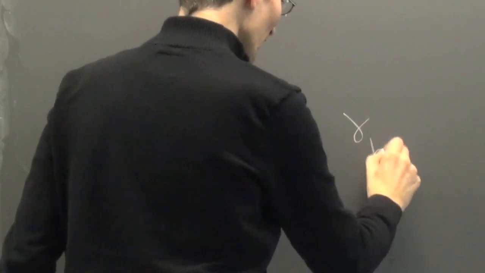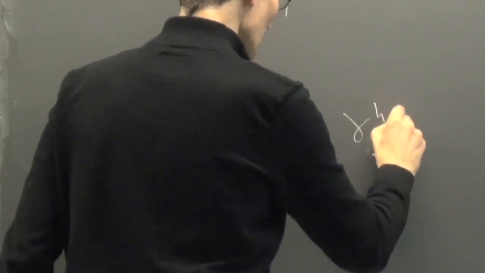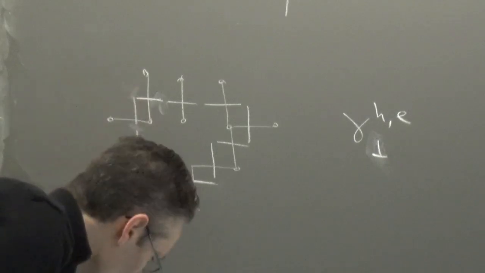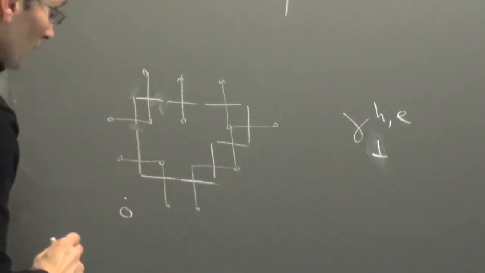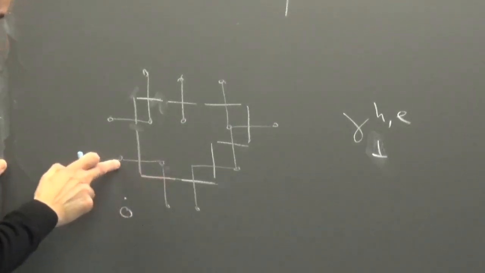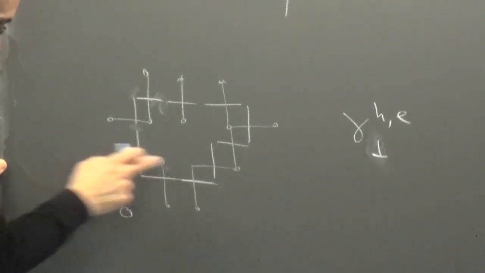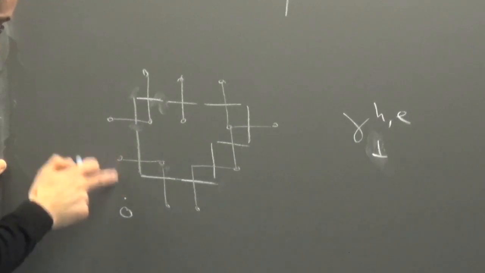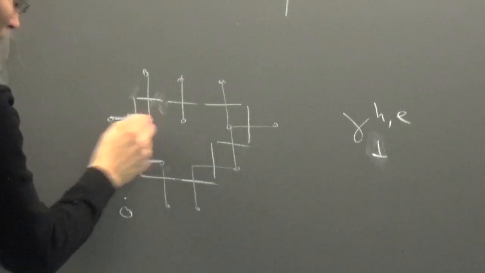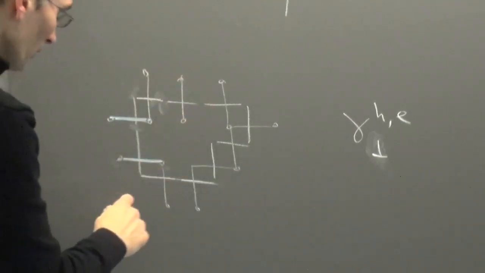Let me draw gamma orthogonal H even on this picture. So this edge, if I take this pair of neighbors, the smallest first component, so it's horizontal, so I'm looking at the first component, smallest first component is even, so this guy belongs to this set. For the same reason, this guy belongs to this set. All the vertical ones don't belong.